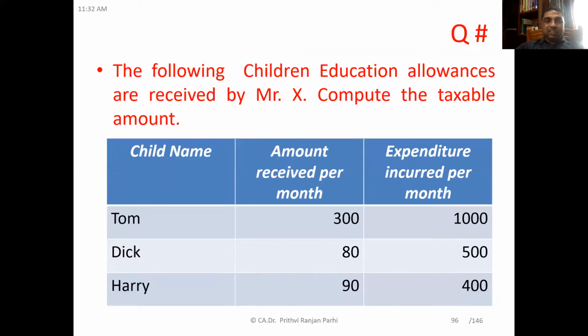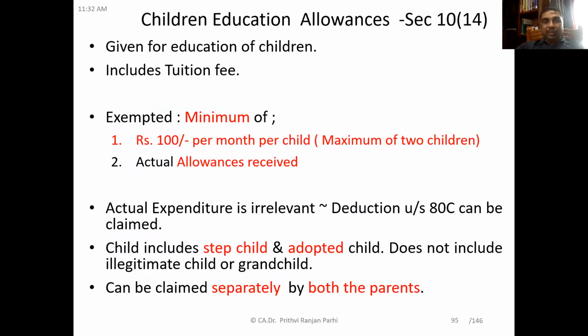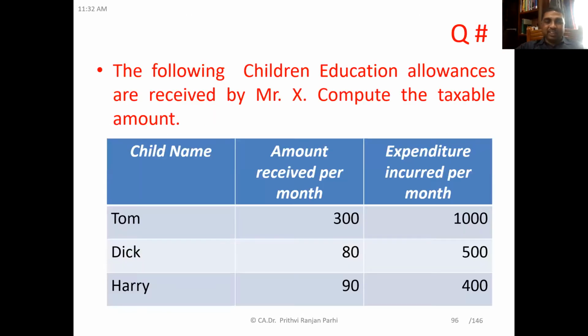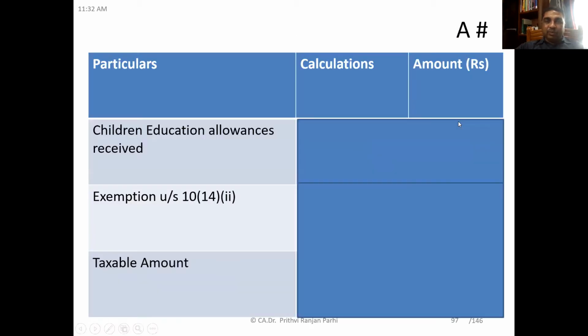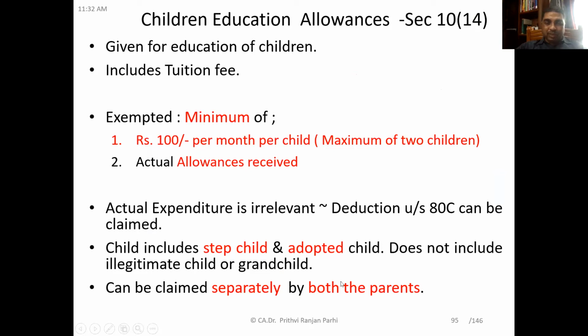We have done a question here also. Now you can have a look. Children education allowance is 100 rupees per month per child, or the actual allowance given if lower, is allowed. And if it is hostel, additional 300 rupees will be allowed. For that you have to refer to section 10(14) to understand this.